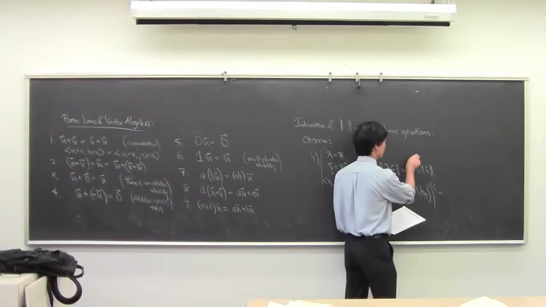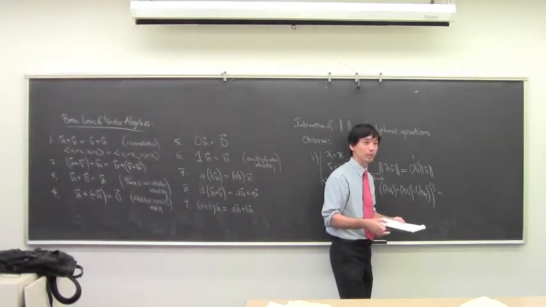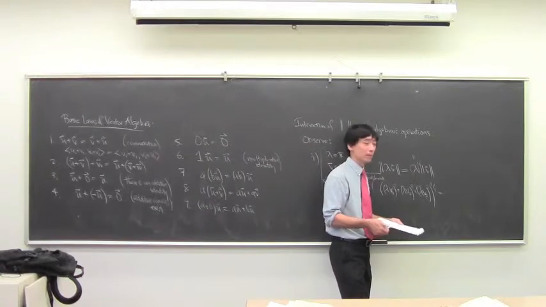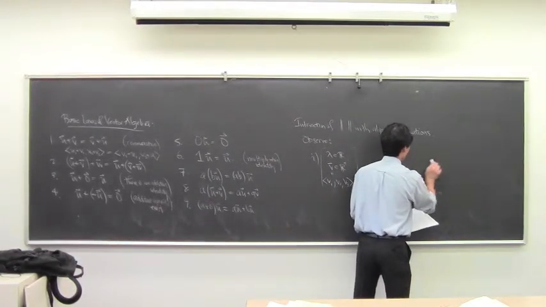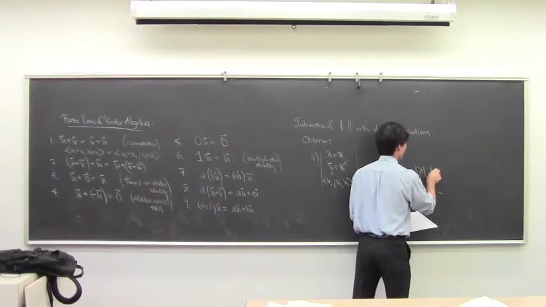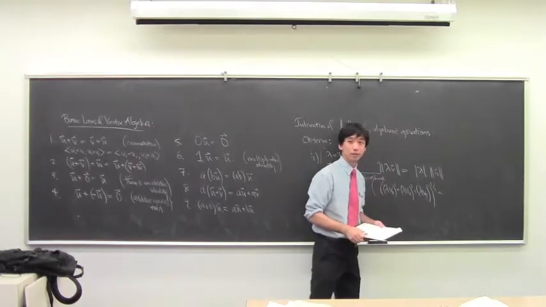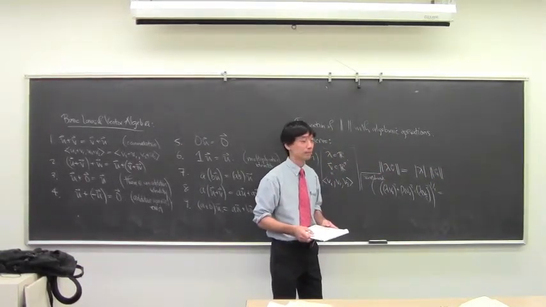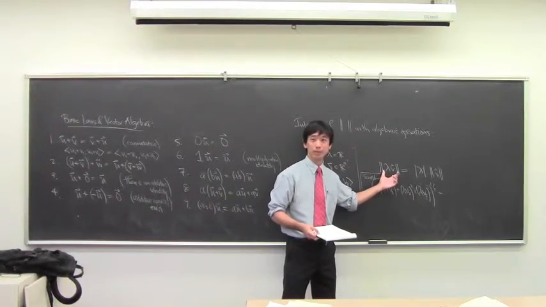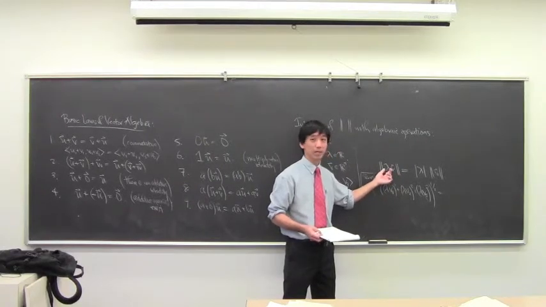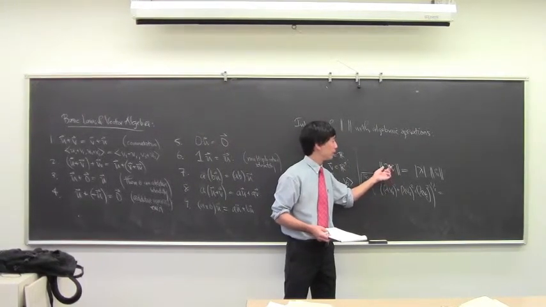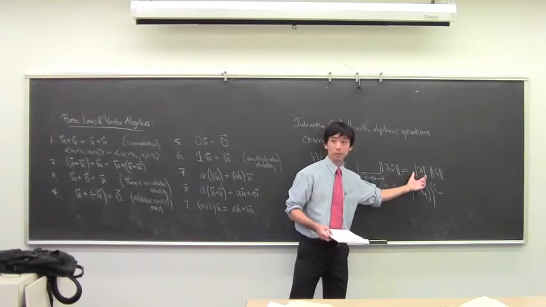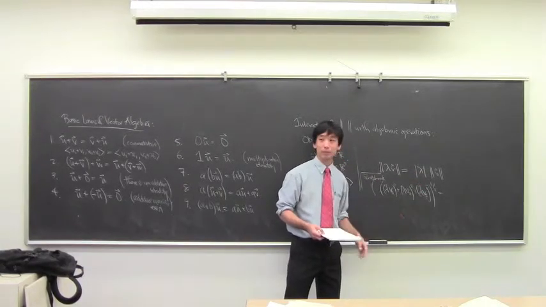But you know what that is? You take a number, you square it, you take its square root. That's the absolute value, right? So you get the absolute value of lambda times the magnitude. And that makes sense because the magnitude should be a positive number. If I scale by a negative number, the magnitude will still be multiplied by a positive number.